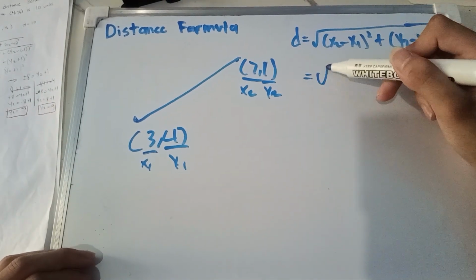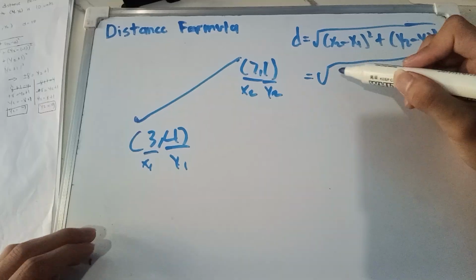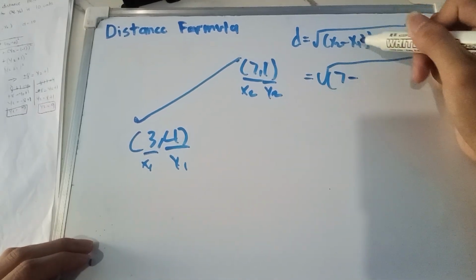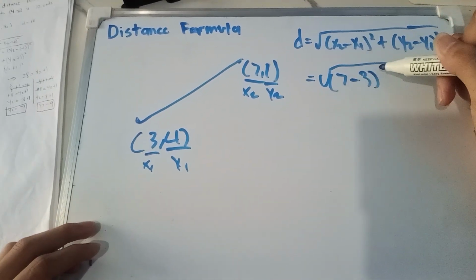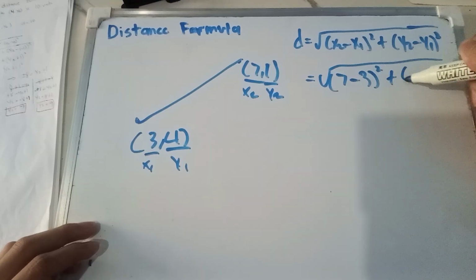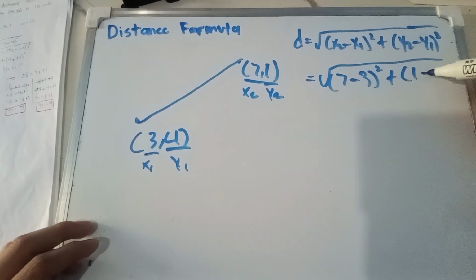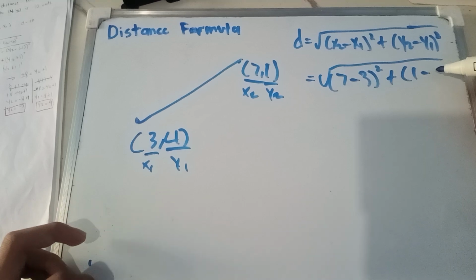Now, let's input the values. So x sub 2 is 7 minus x sub 1, which is 3, squared, plus y sub 2, which is 1, minus y sub 1, which is 4, squared.